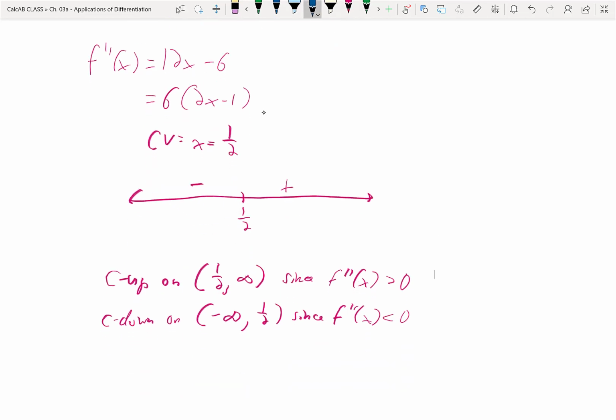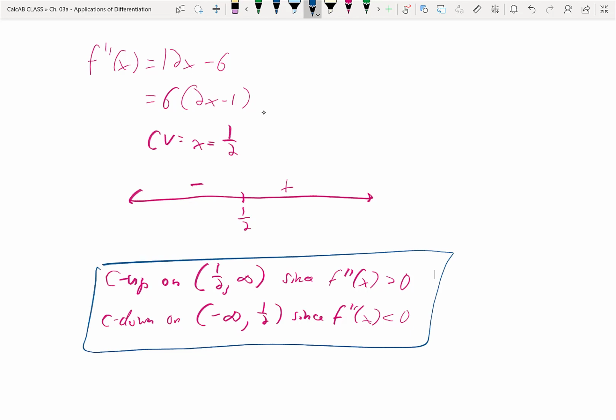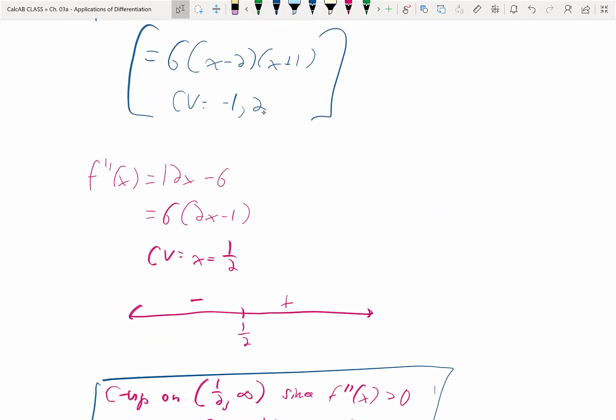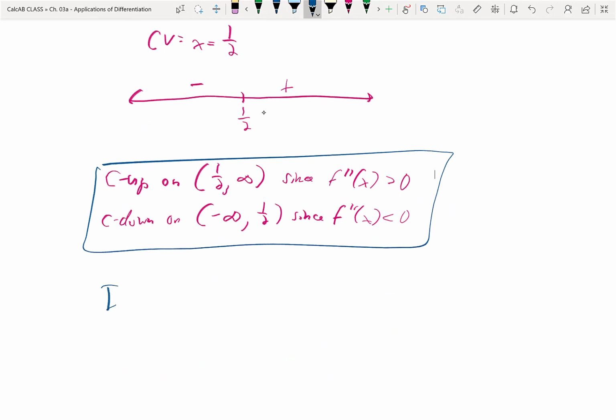Now, this is what I asked for, but I want to go a little aside here. The reason I found the critical values at -1 and 2 is that I know that there are relative extrema at x is equal to -1 and x is equal to 2.